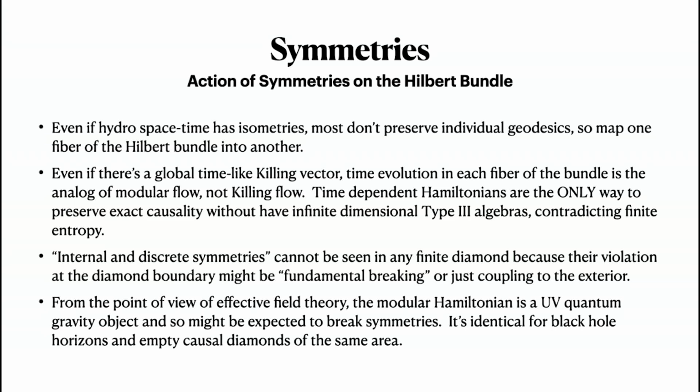The same thing is true for internal symmetries. In a causal diamond, obviously, there's going to be stuff going on at the boundary. Do I know whether that's because they're actually symmetries and they're just coupled to non-singlet stuff on the boundary, like a gauge symmetry would be?